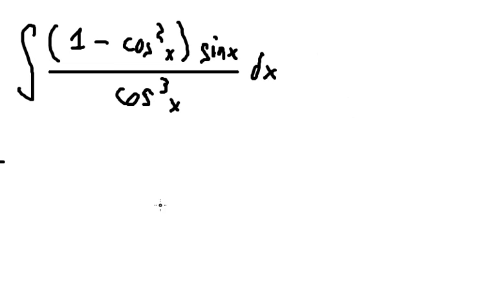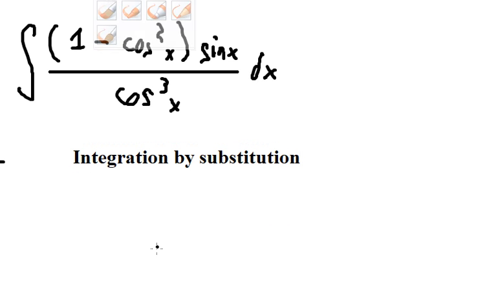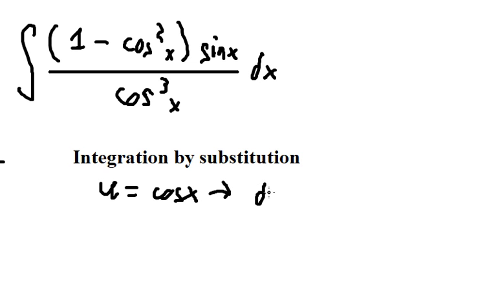In this one we can use integration by substitution. So I will put u equals cosine x. Then we take the first derivative of both sides, and we have negative sine x dx.